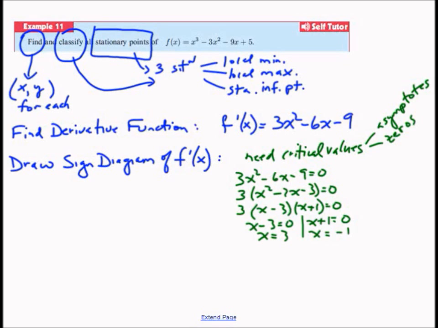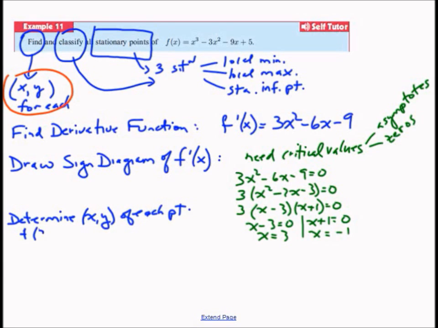This is where one of these three situations occurs. So we need the x and y coordinates of each. Determine xy coordinates of each point.